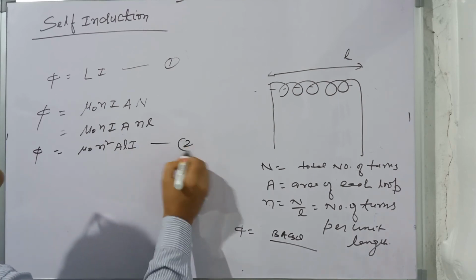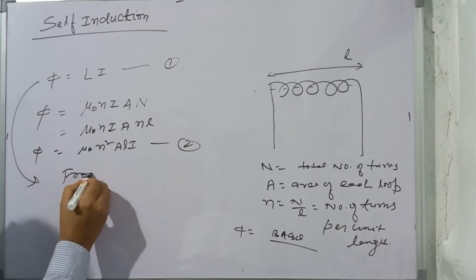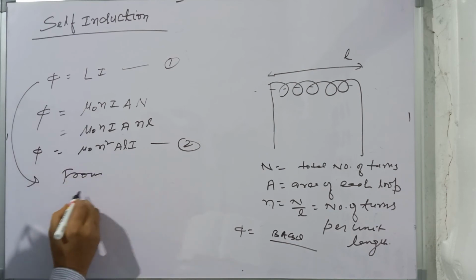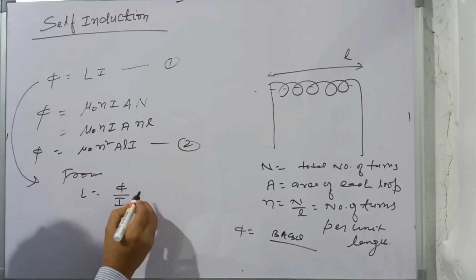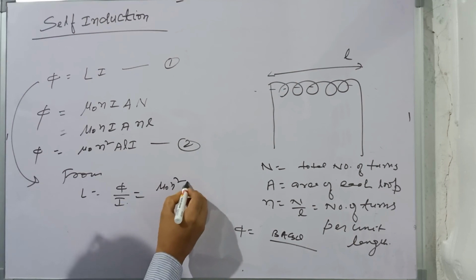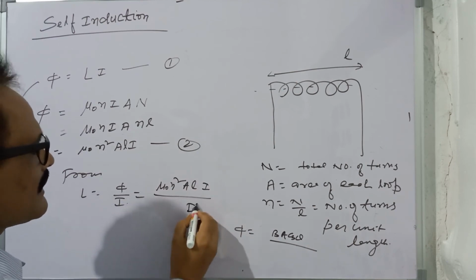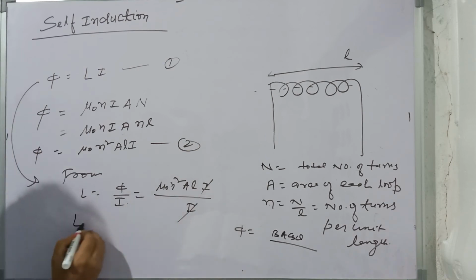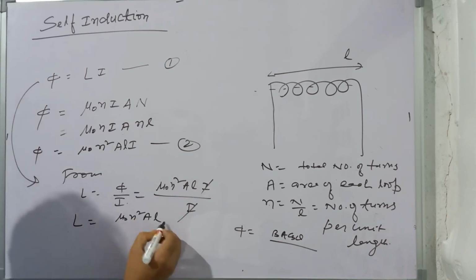Now from relation 1, L is equal to phi by I. Putting the value of phi, mu naught n square A l I divided by I, the I will cancel out, and now you have mu naught n square A l.